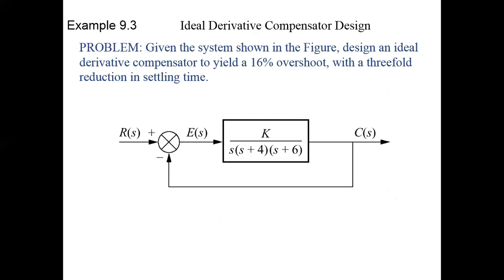So we'll solve another example in which the ideal derivative compensator design has been used. We have to design an ideal derivative compensator to yield a 16% overshoot with a threefold reduction in settling time.